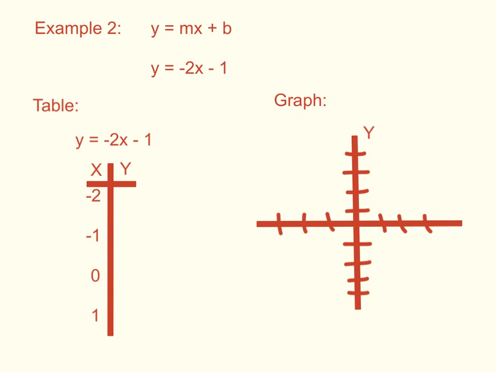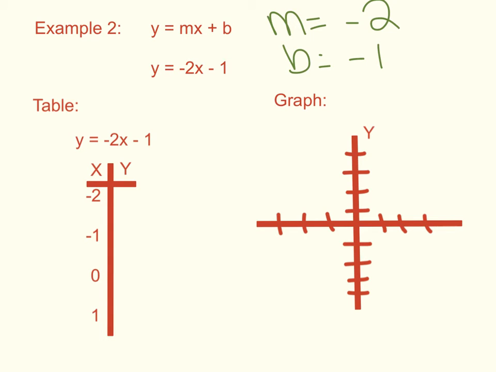Our example 2 is y is equal to -2x minus 1. So let's look here to find our slope and our y-intercept. Looking at the equation, we can see that -2 is our slope and our y-intercept is -1.